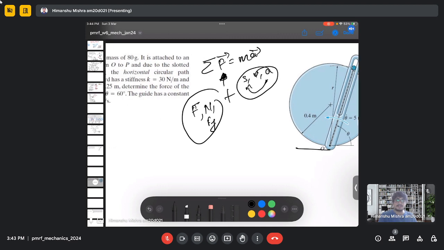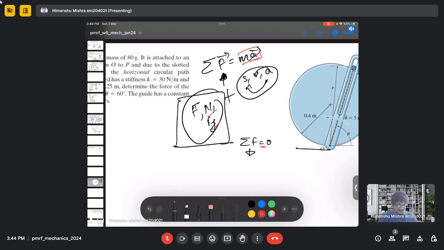In the static case, our system was in equilibrium, and that's why the summation of all forces went to 0, and by doing the summation of forces we were able to calculate the unknown quantities. Here the summation of all the forces will not be 0, it will be equal to mass multiplied by acceleration from Newton's second law.